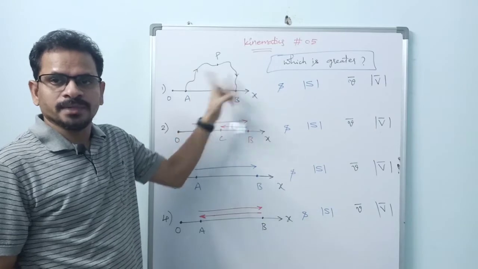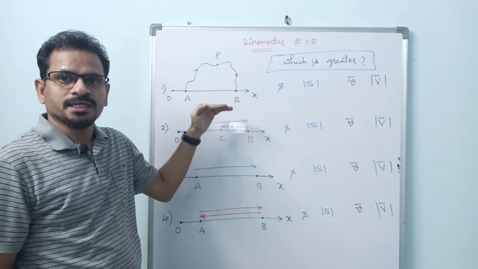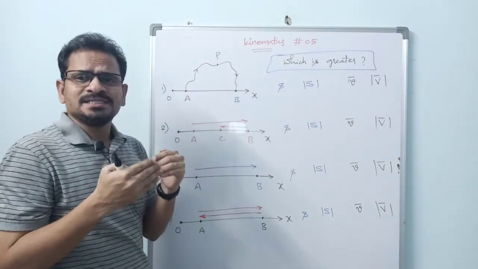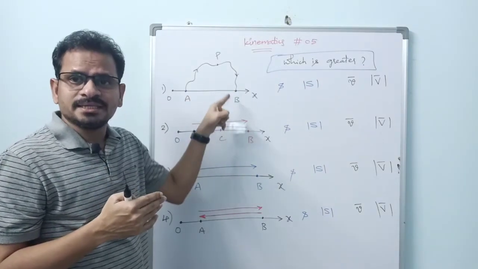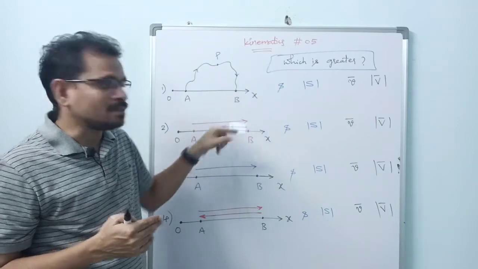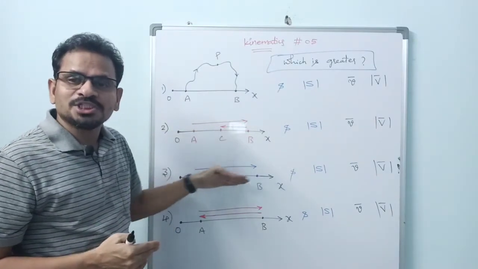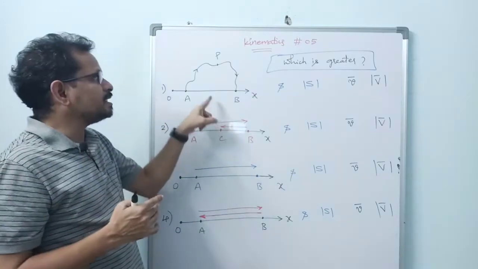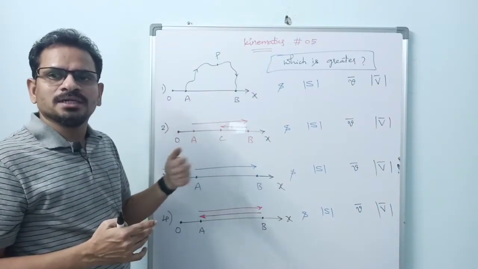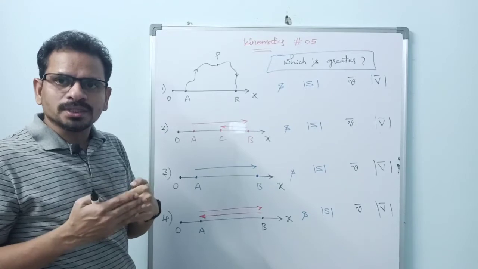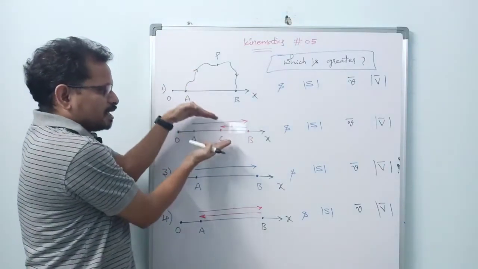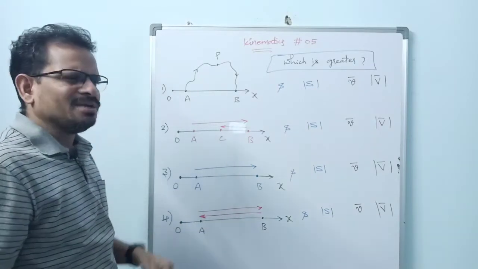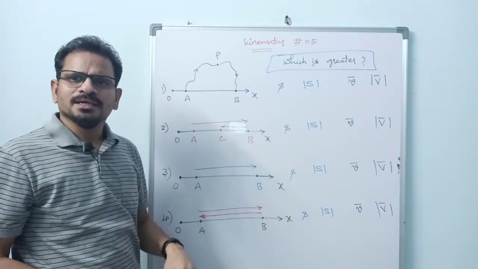Though it is motion in a plane, we have taken such diagrams so that we can easily understand the difference between distance and displacement, rather than with motion in a straight line. For conceptual understanding this is the best example, but students, you should know that this one comes under motion in a plane and these examples come under motion in a straight line. Why motion in a plane and motion in a straight line?